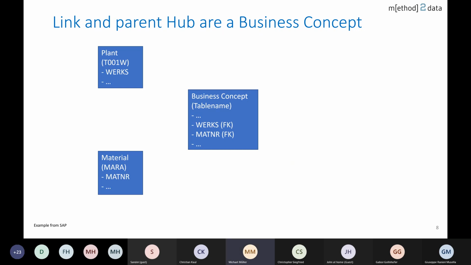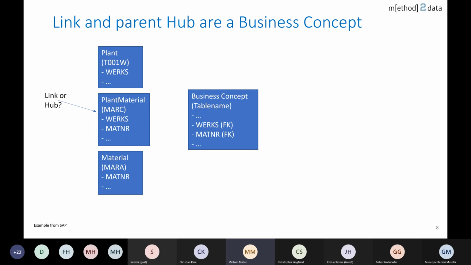And it is a business concept for them, regardless whether SAP makes it into a text table or not. And we have the material. Then I have some tables, quite a lot of them, that have both of the keys in there. The fun part is there is something, the MARC, which is plant material, and they have these two keys.